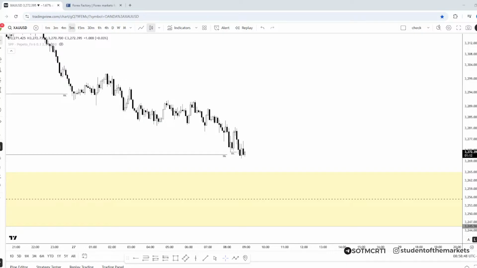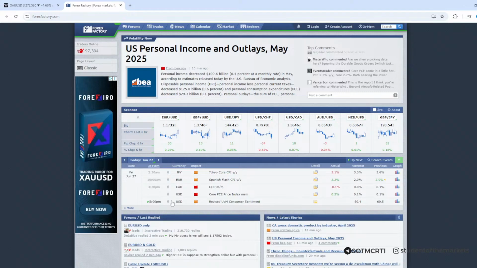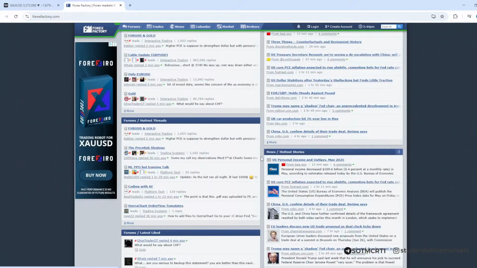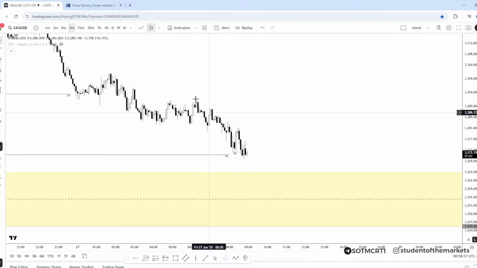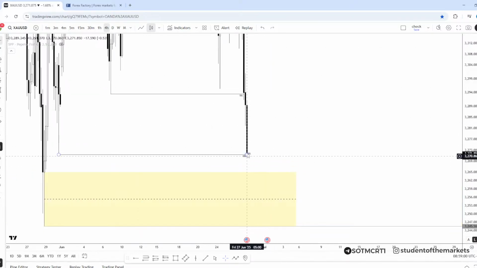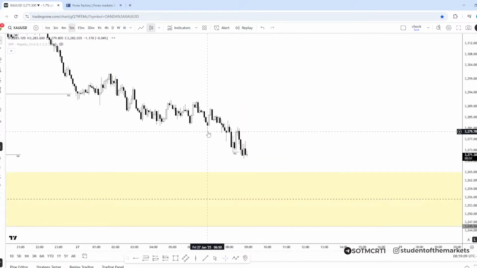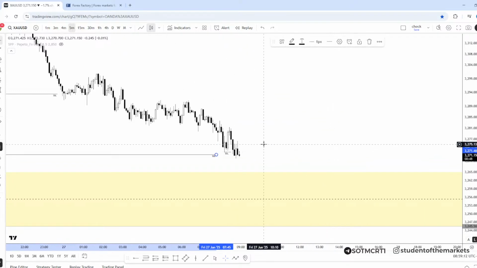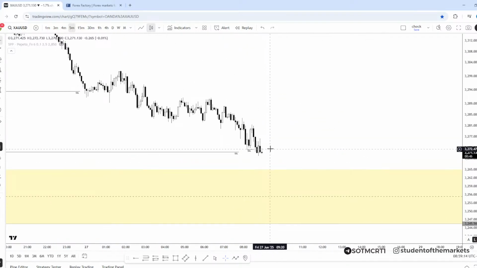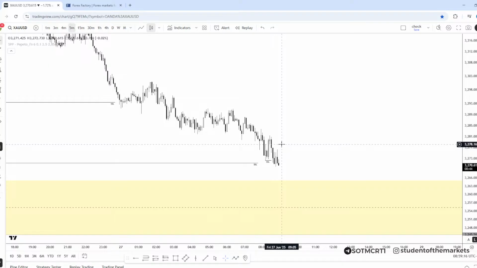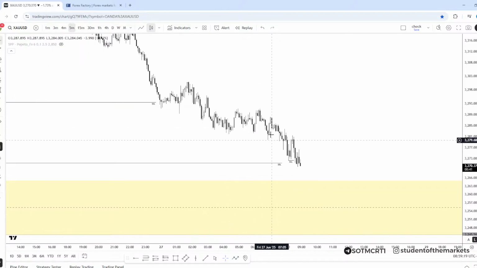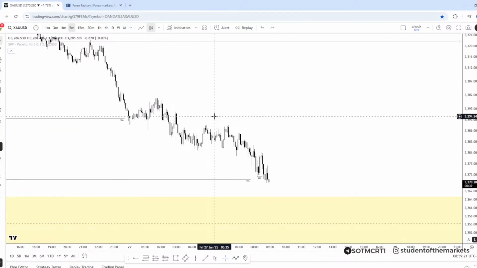So yeah, we do have some news today. We do have some news at 10 a.m. again. So let's see. Now for our candle closing, I want price to go lower, obviously, to sweep the sell side liquidity again, because I think that price will still sweep the sell side liquidity, and then we have so many targets to the upside.